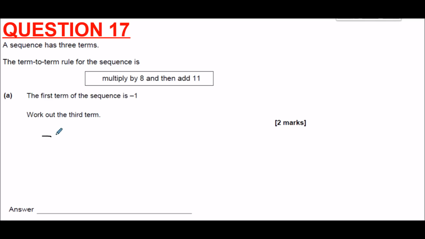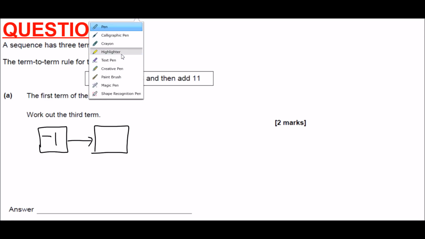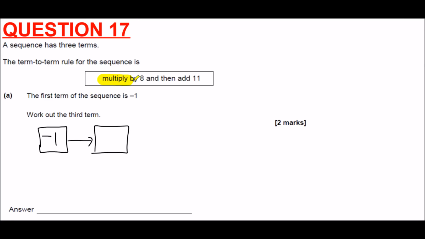And so whatever the number is, in this case -1, the first thing we do is we're told we multiply it by 8. So what we need to do is take -1 and times it by 8. Well, 1 multiplied by 8 would be 8.